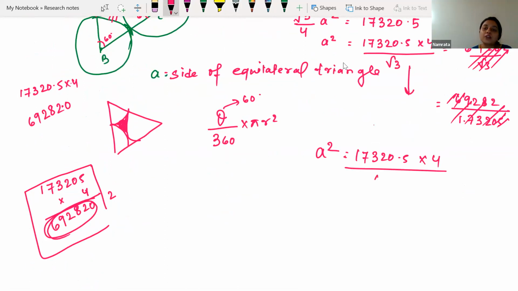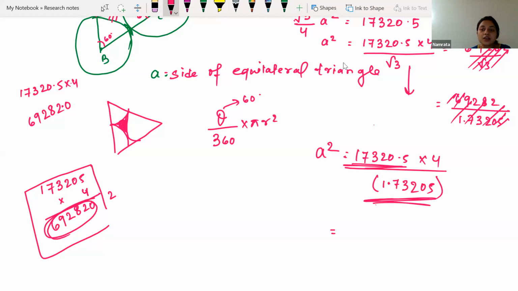Root 3 value is already given in the question, 1.73205. Can you see this? Both the numbers are exactly the same, only the difference of decimal is there. Yes, ma'am. Easily you can cancel them. Just remove the decimal and easily you will be able to cancel them.